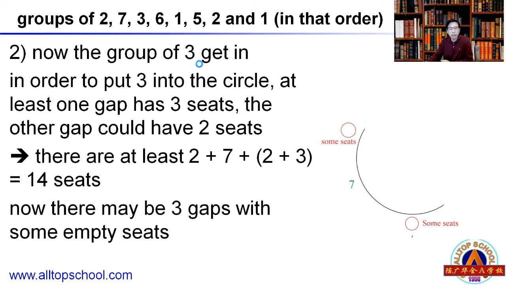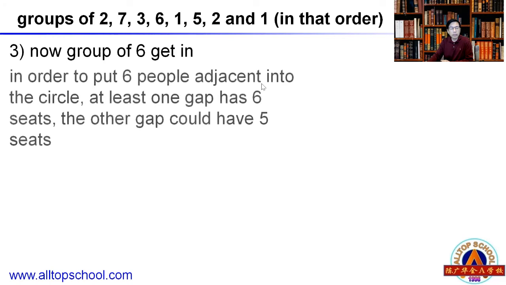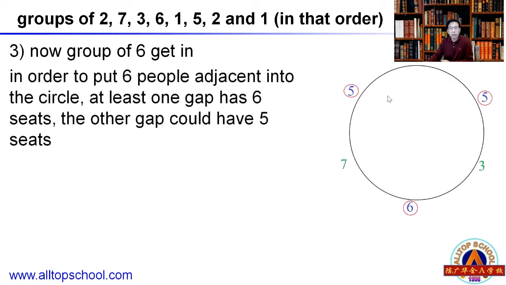Now let's take a look at the next group of 6 people getting in. For these empty seats, we have to have at least 1 gap with 6 seats consecutively in order for us to seat them. Leave the other 2 gaps as possibly 5, less than 6.